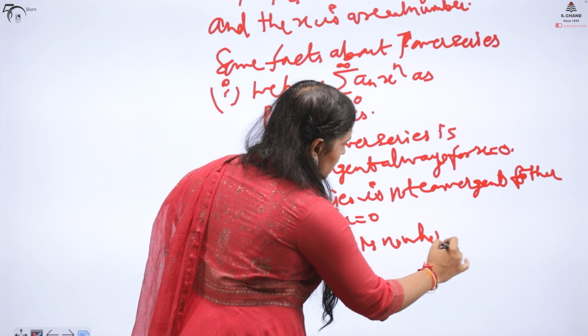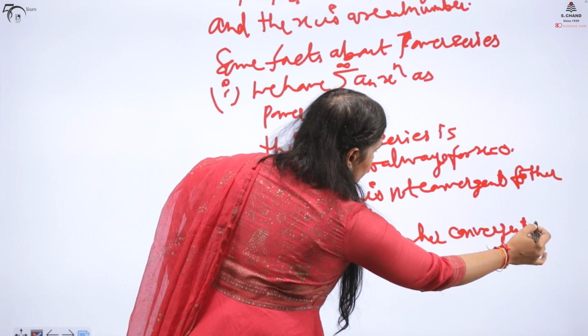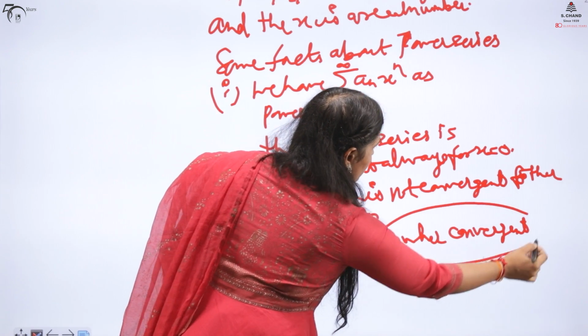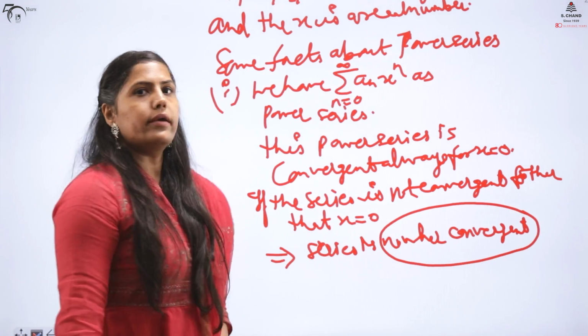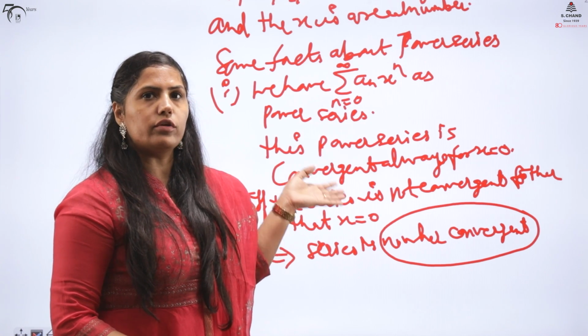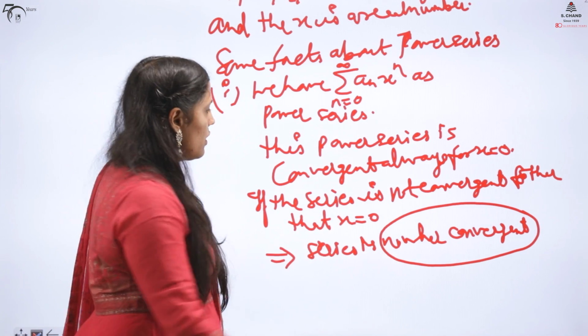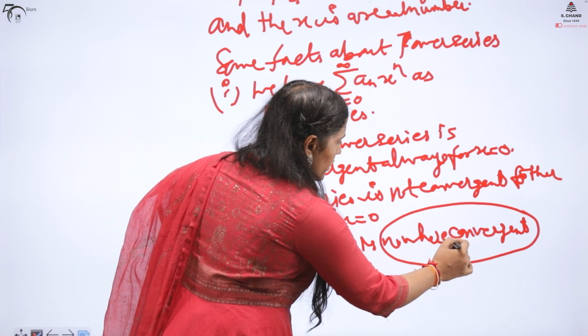So this is the term we use, nowhere convergent. For x equal to 0, it will 100% converge, but in case there is no other point for which this series is convergent, in such a case you call that series nowhere convergent.